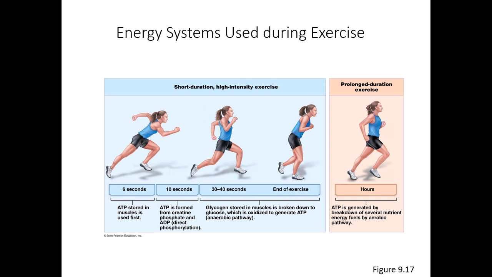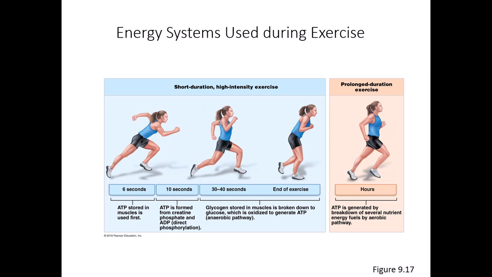So this is just kind of showing you again the order that our muscle cells might use these different kinds of ATP production through the course of exercise. ATP in the very beginning comes from that stored glucose. And then we're going to typically engage the creatine phosphate breakdown.